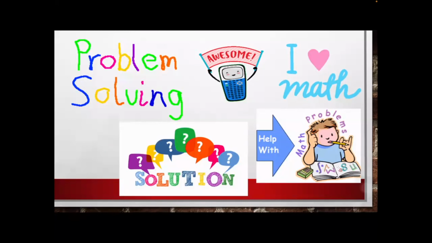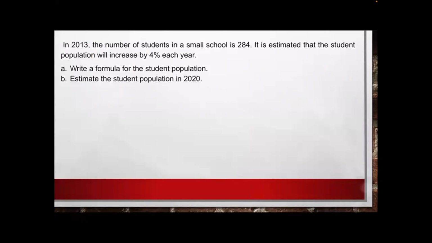Okay, so let's have the problem solving. So, problem solving na naman. The question number 1 we have here: in 2013, the number of students in a small school is 284. It's estimated that the student population will increase by 4% each year.